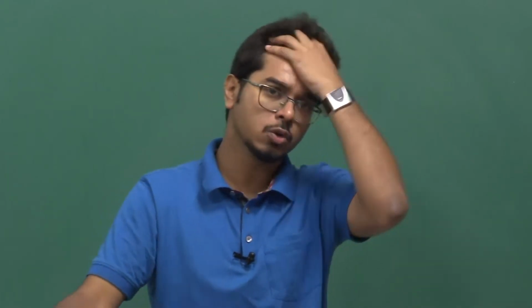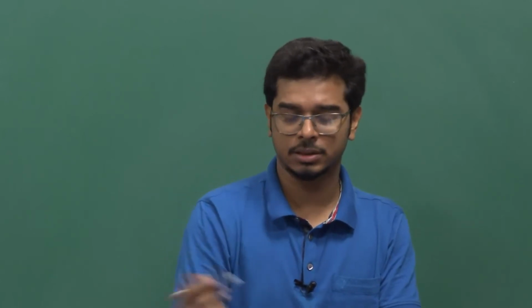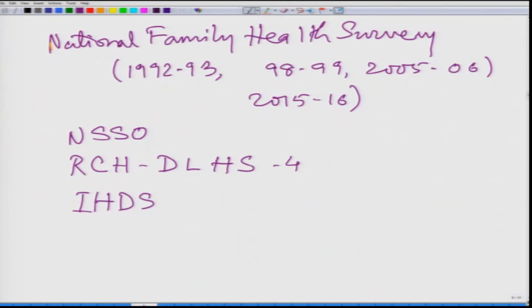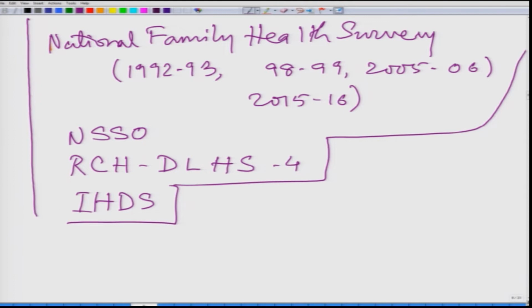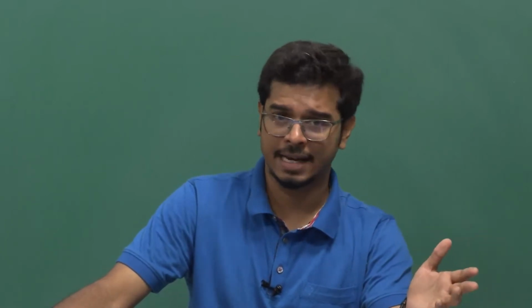So this household level data gives us an idea, as does the IHDS, the Indian Human Development Survey, which is done by NCAER and the University of Maryland. These health surveys give us a clear proxy for health seeking behavior. How? Let's take an example. They go to individuals and ask how many times did you go for ANC, antenatal checkup?